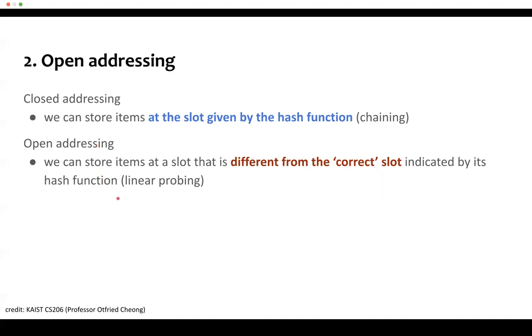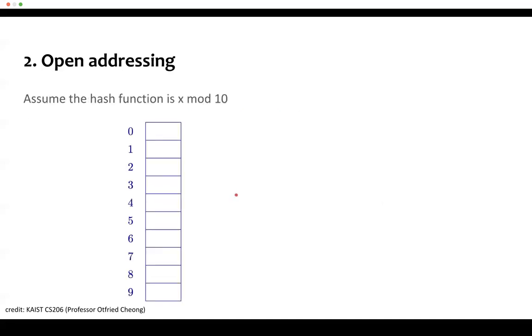One representative method of open addressing is linear probing, and we're going to have a look at linear probing here. So what is linear probing? Let's say we have 10 memory slots, and our hash function is key mod, or remainder, 10.